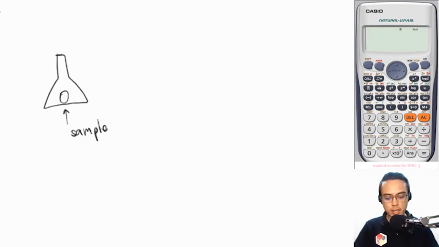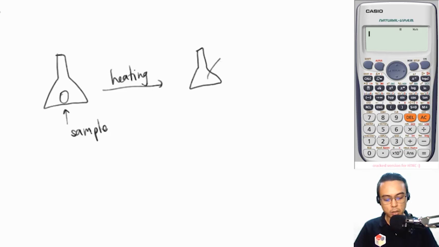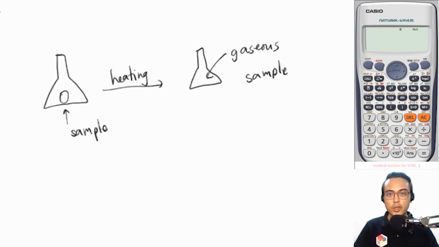The main idea is that after heating, you will be left with a flask that is filled with your gaseous sample, because we have heated your sample, and all of the excess gaseous sample would have already escaped from the hole, such that the pressure inside of your flask would be the same as the atmospheric pressure outside.